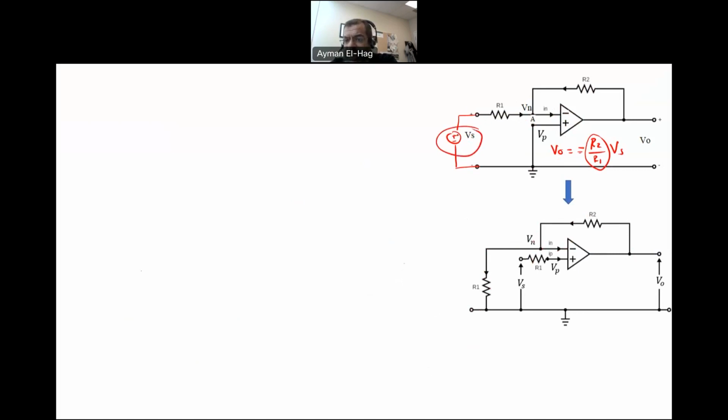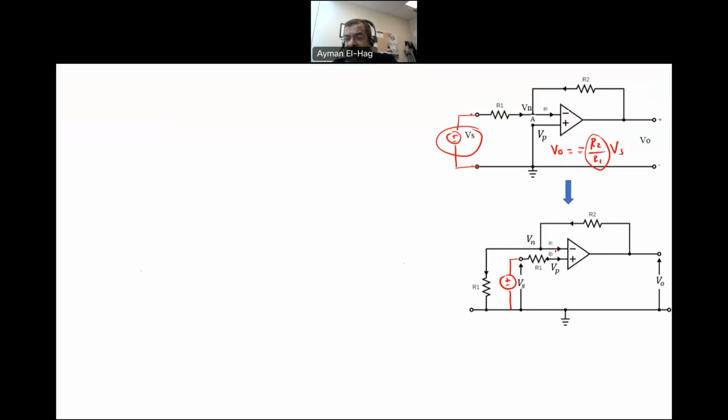Your input Vs is connected to the positive terminal through a resistance, which we'll see doesn't have much usage in an ideal op-amp, but with a practical op-amp we need to have something connected there. That is the basic difference between the two.